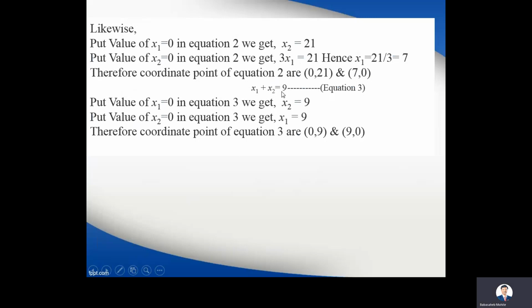In this fashion, you have to identify the coordinate points of each equation from the constraints. If your example contains 3 conditions or 3 constraints, then there is an assurance of having 3 lines on your graph. So in this example, 3 conditions were given, so there will be 3 lines on your graph.